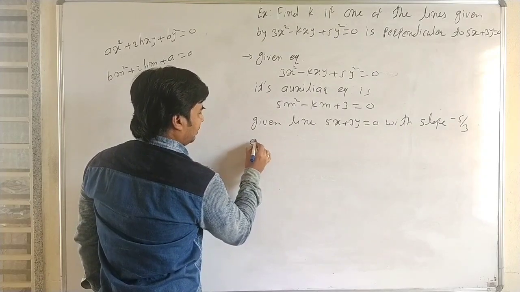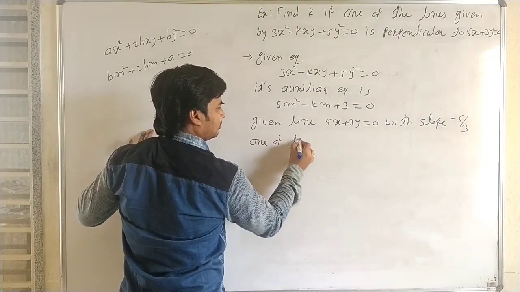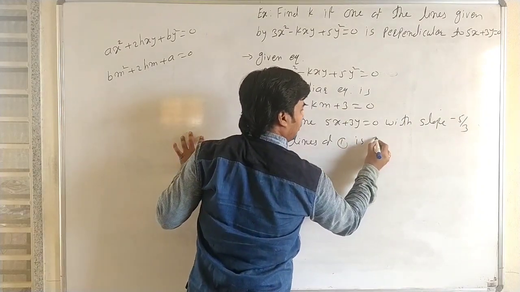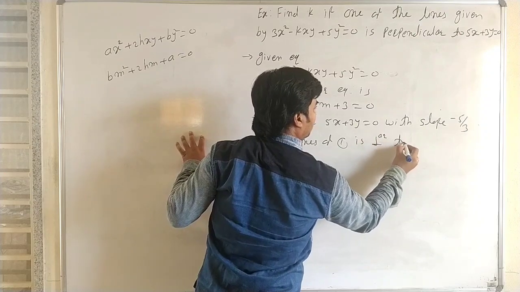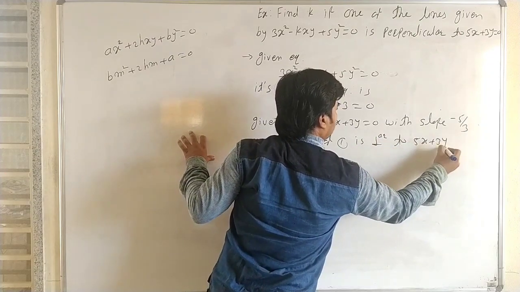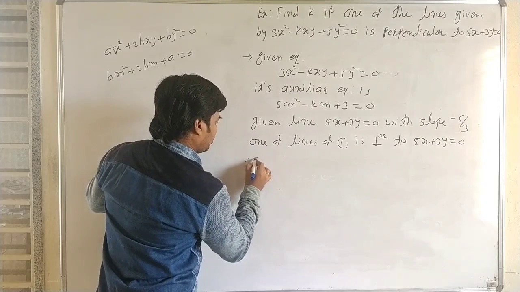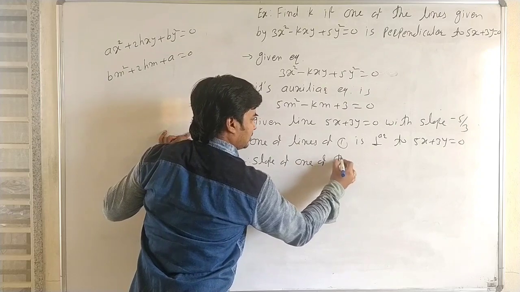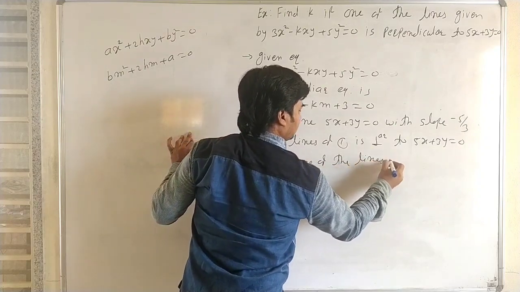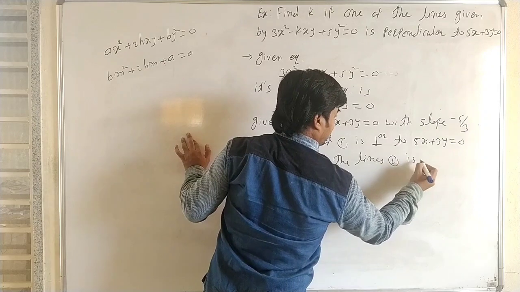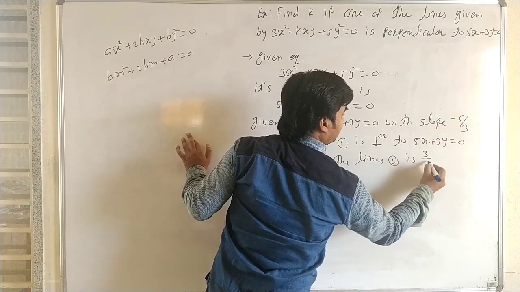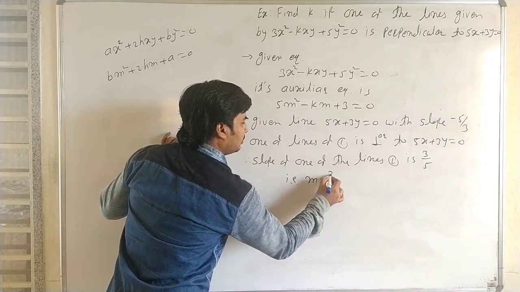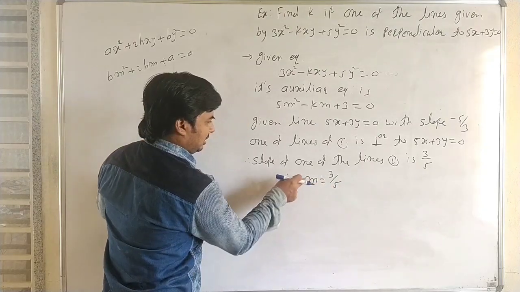Therefore the slope of one of the lines is 3 by 5, that is m is equal to 3 by 5.